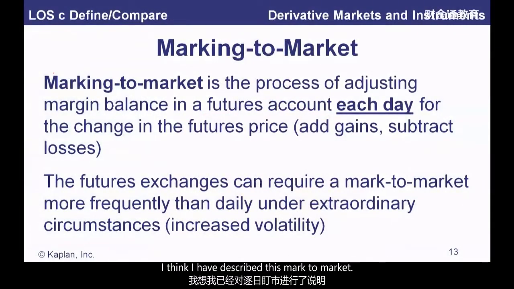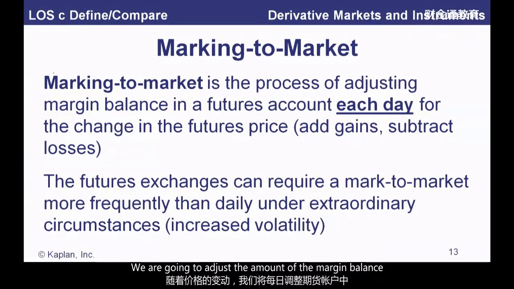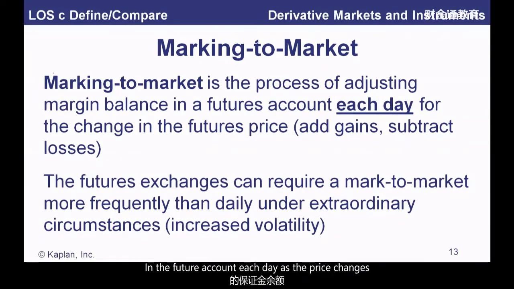So I think I've described this marking to market. We're going to adjust the amount in the margin account each day as the futures price changes. Now, the futures exchanges can require a mark to market more frequently under extraordinary circumstances.